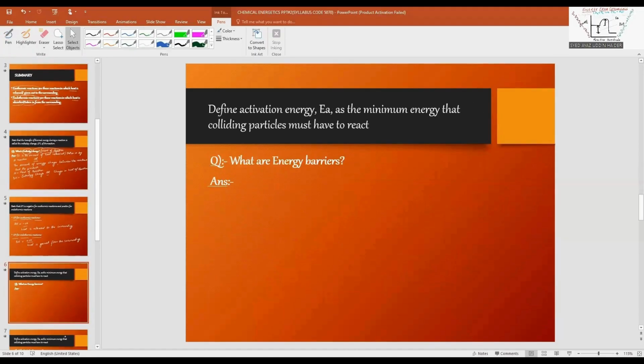Let's talk about energy barriers. What are energy barriers? For any reaction to start, every reactant particle or molecule has to pass through an energy barrier before reacting.